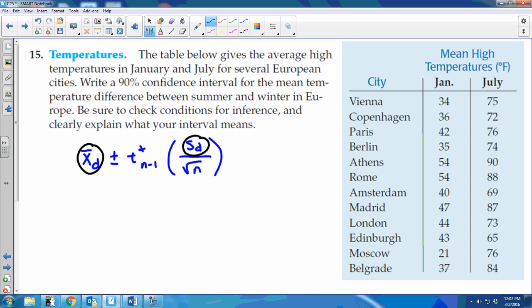Am I going to find the average difference and the standard deviation of the difference? So you can do that by hand? Well, how are you going to do it? All right, you're going to use your calculator. You're going to do one variable statistics for your difference list, list 3 in my case, and it's going to give it to me.